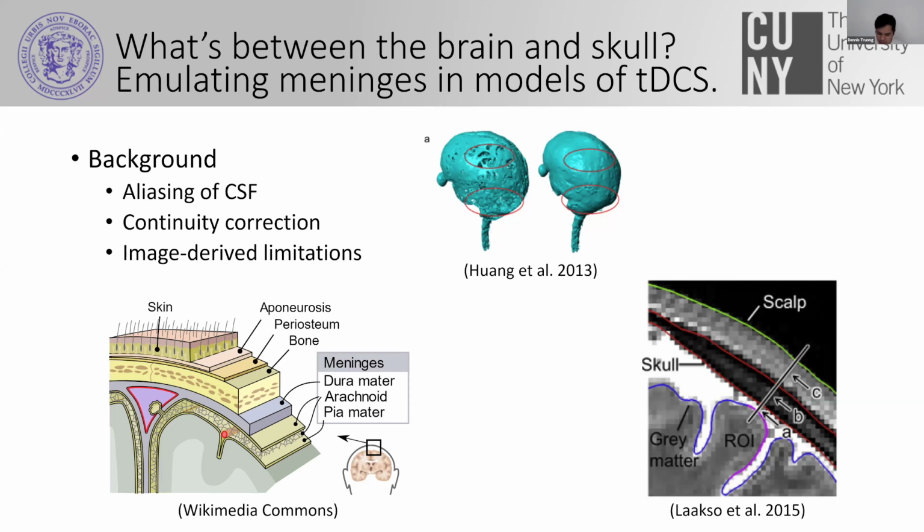Pia and arachnoid are typically on the order of maybe 0.2, 0.1 millimeters. These are extremely thin tissues, but because they are so much less conductive than CSF, if you were to factor in that volume, the actual amount of CSF is probably much thinner than what we've actually been modeling. But again, upsampling has its challenges.